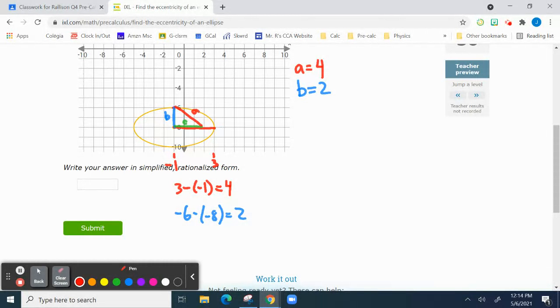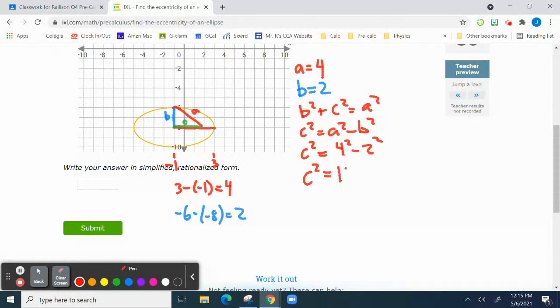So we have B squared plus C squared equals A squared. So C squared equals A squared minus B squared, right? And so C squared equals 4 squared minus 2 squared. So C squared equals 16 minus 4 equals 12. So C equals the square root of 12.